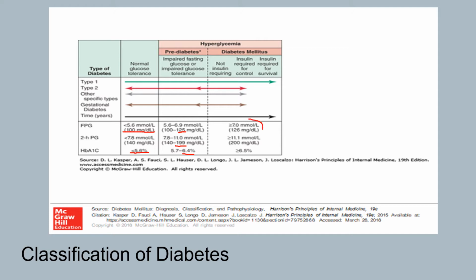We'll get into this more when we talk about criteria for diagnosing someone with diabetes, but those are the numbers there: greater than 126 on a fasting, greater than 200 on a 2-hour, and greater than 6.5 for an A1C.